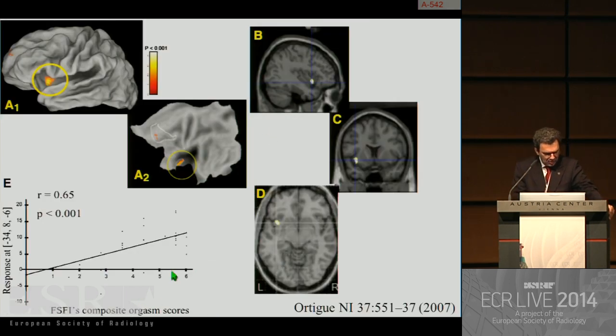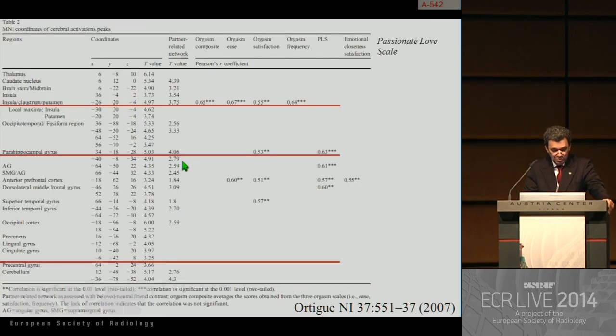Then there was a questionnaire about scores, you see here, orgasm scores, and they tried to relate them to each other and to see where they overlap. What is the relationship between the two? They saw that within this part of the insula, the anterior insula, is where you have the relationship between the two.